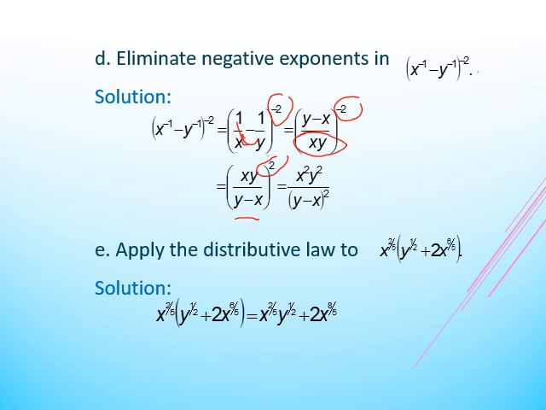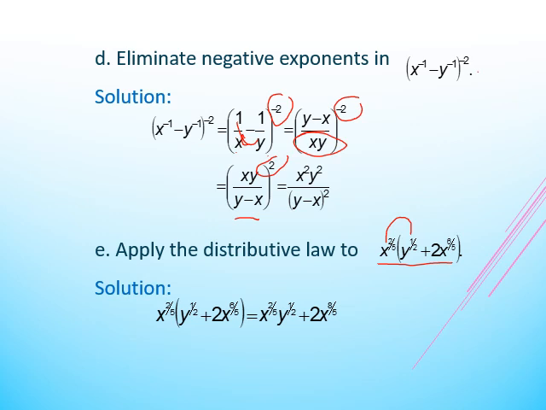Number C applies the distributive rule to this value. It's very simple, just we will apply this rule. x times y, x to the power 2 over 5 times y to the power 1 over 2, no same bases. The bases differ. We can't do anything more.